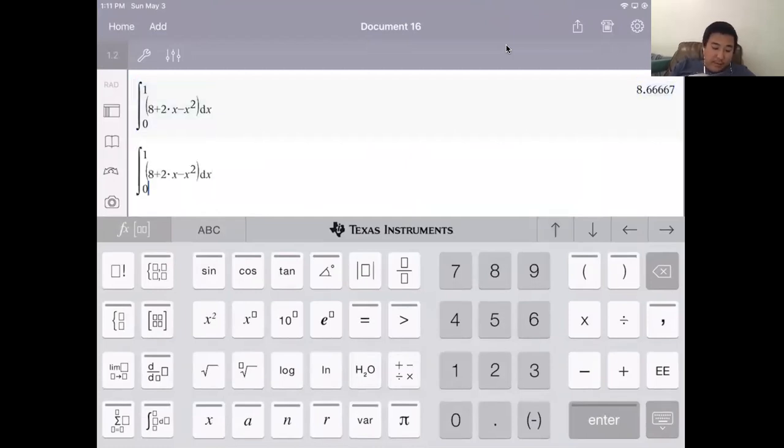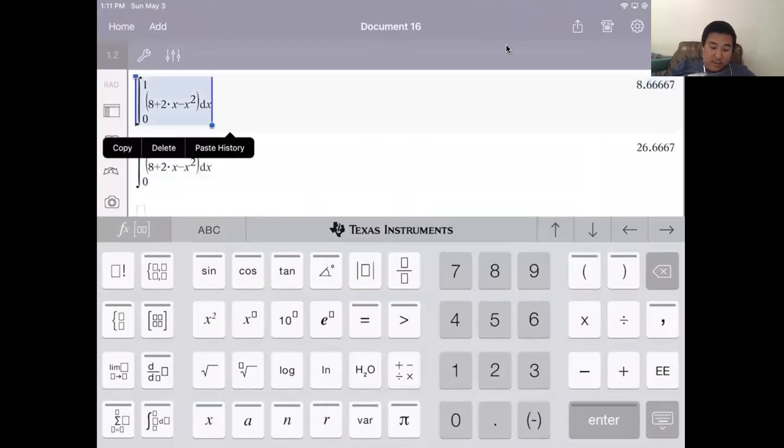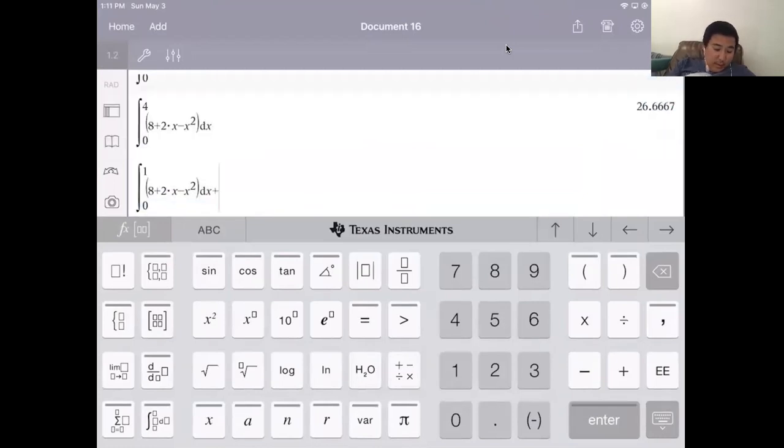That's the total displacement. Plus 2 to 1, plus 4 to 2.